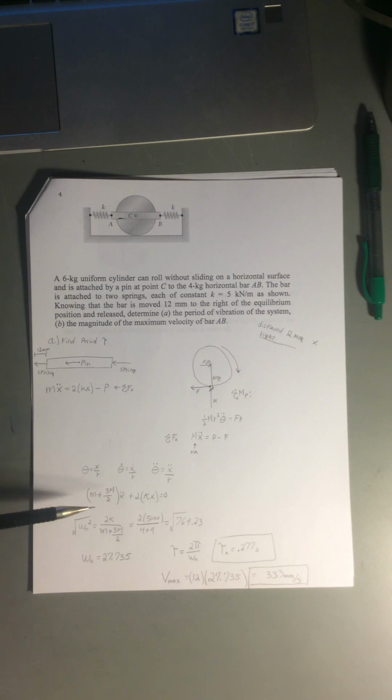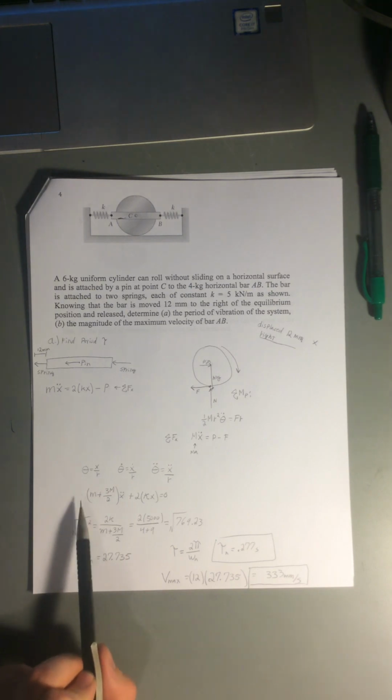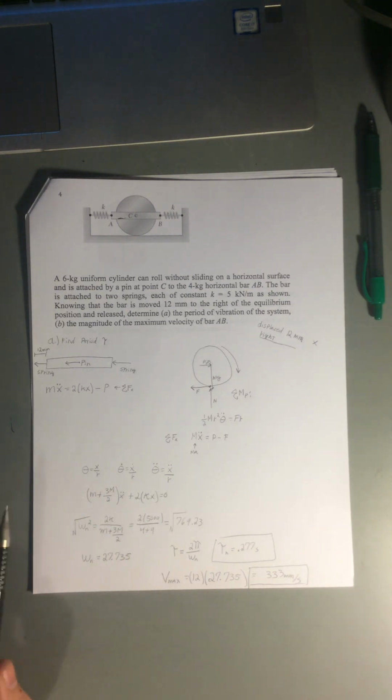Using this equation, we can use what we know about the formula for the natural frequency to set up an equation, because this is now in the form that we like it in. This is the form that we wanted to get the problem in to be able to work with it.